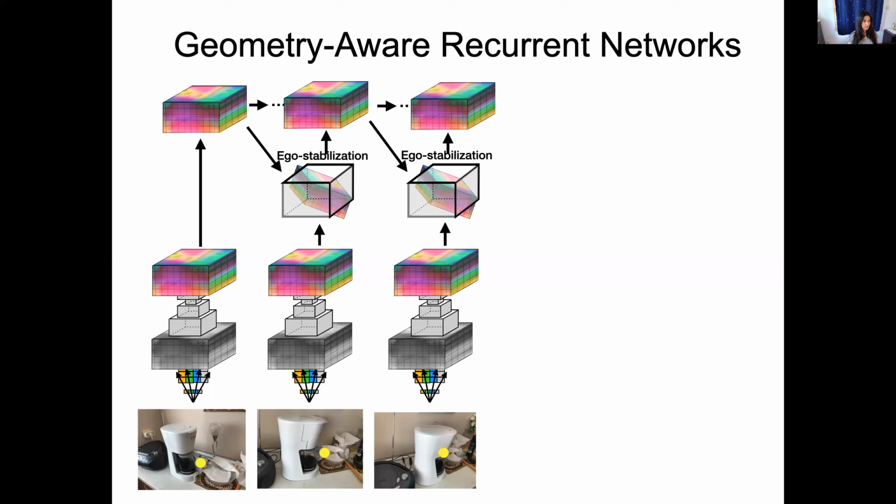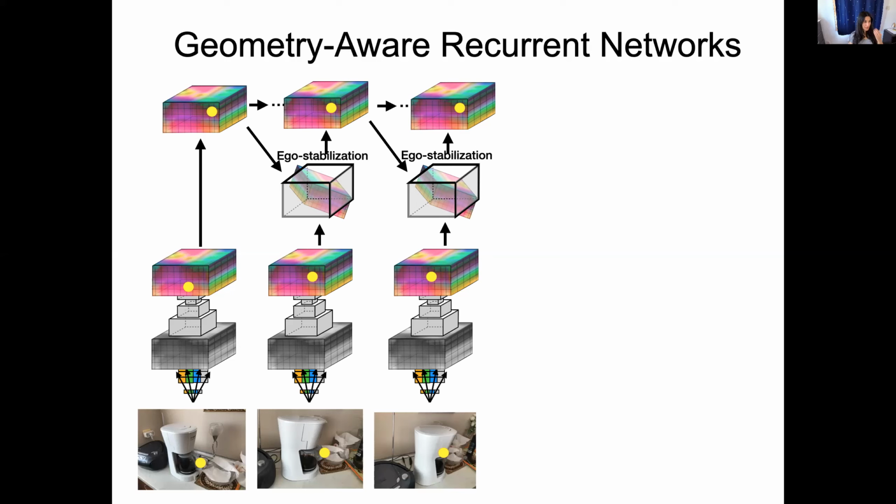The result of this coding process is that despite the fact that a particular pixel location changes all the time in the input stream, it is always mapped to the same 3D location in the hidden state. If you wouldn't do that, then the hidden state of the network would be dominated by the camera motion, right?